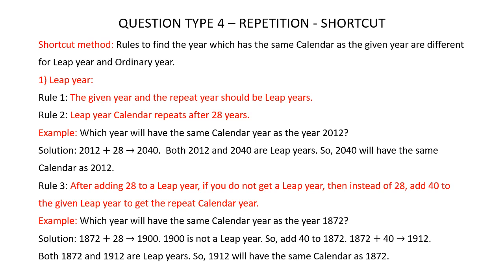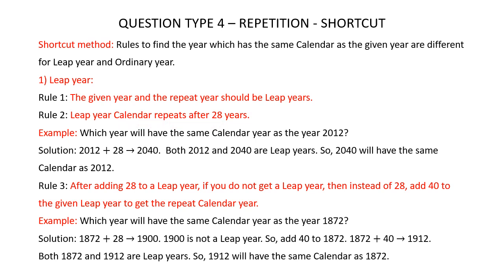So let's now look at the rules if the given year is a leap year. Rule number 1: the given year and the repeat year should both be leap years. Rule number 2: leap year calendar repeats after 28 years.